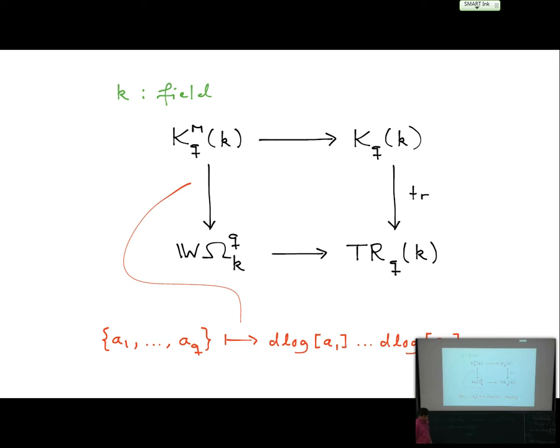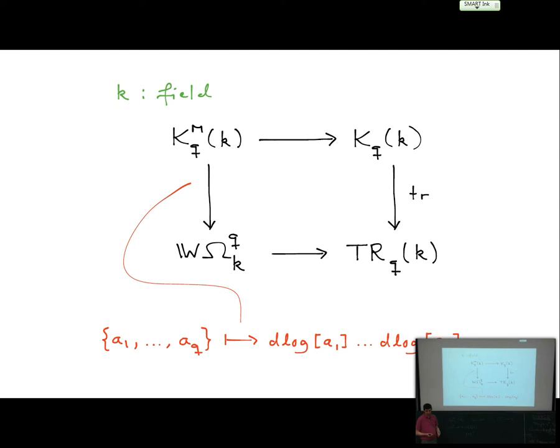Maybe I should also say here that this top map from Milnor K theory to K theory, we now have an identification of this with the edge homomorphism in the motivic spectral sequence from motivic cohomology to K theory.